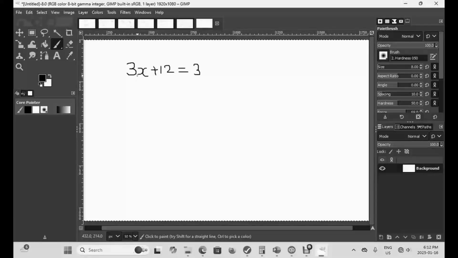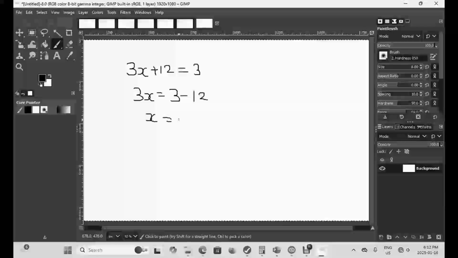In order for you to solve for x, you will need to isolate x, which means 3x equals 3 minus 12, which is negative 9. Divided by 3, so x equals negative 3.